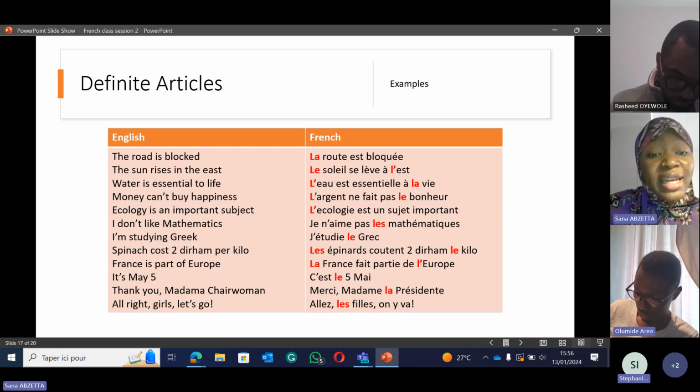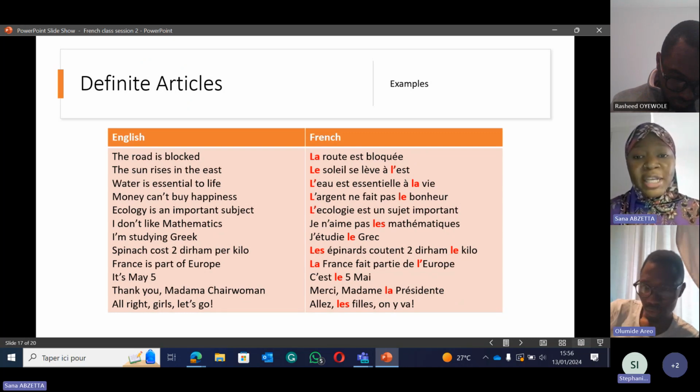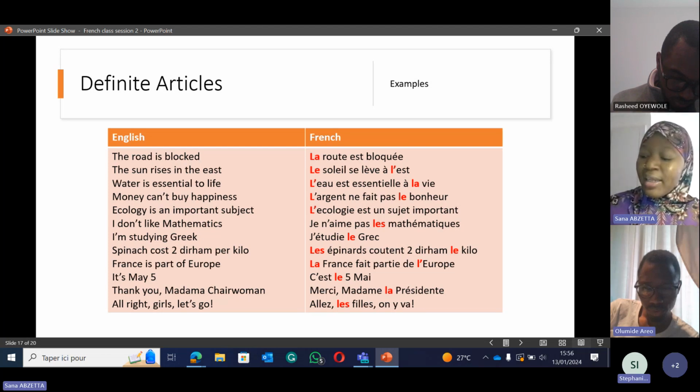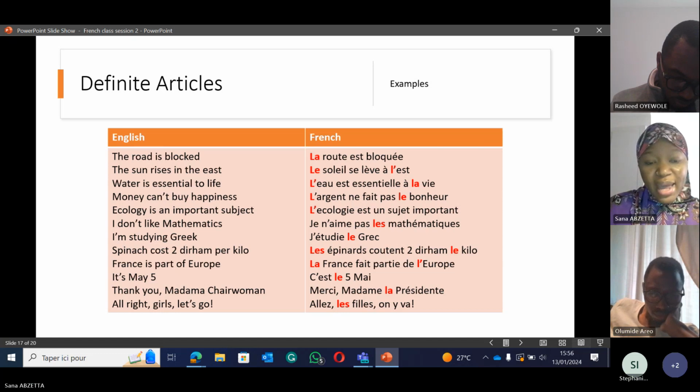Here, money can't buy happiness. Normally, if you translate word by word, it would be in French: l'argent ne peut pas acheter le bonheur, because can means peut, and buy, acheter.